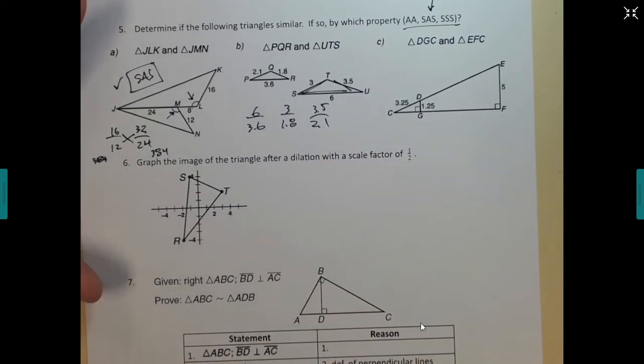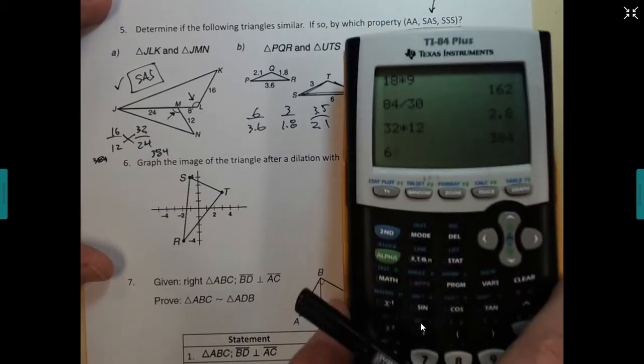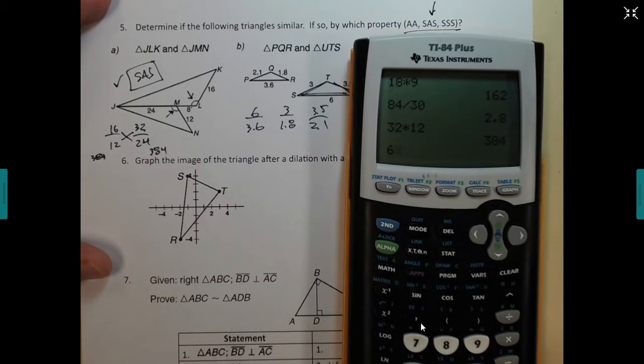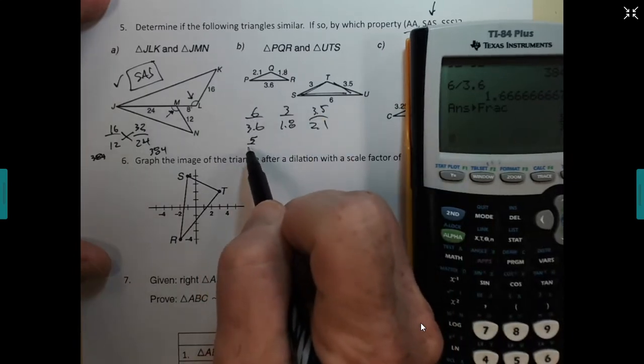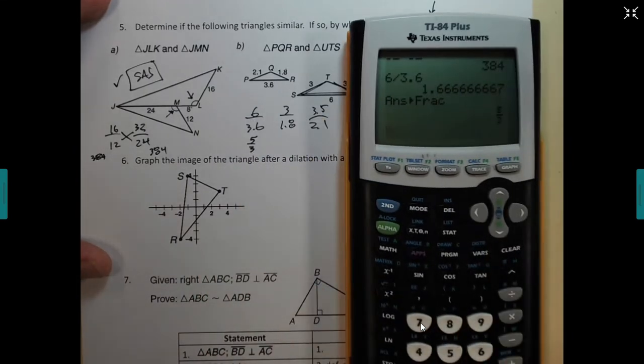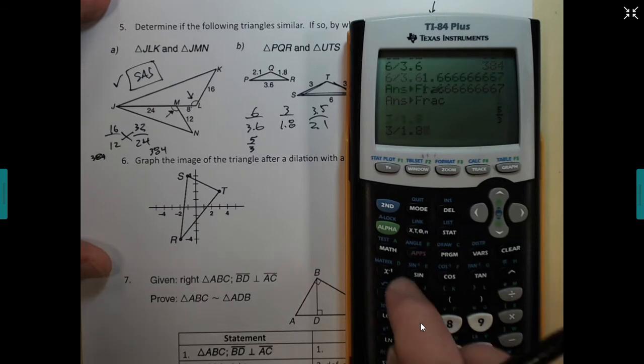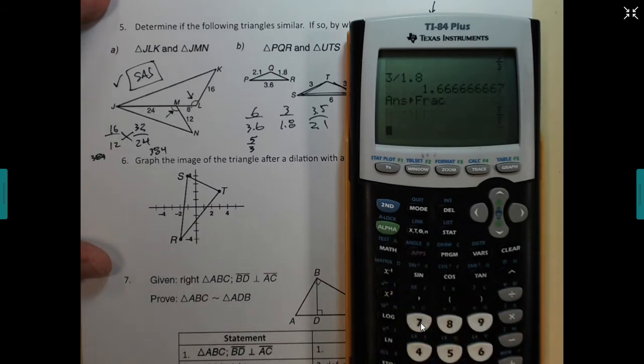So I can do a lot of cross multiplication, or I can do this crazy calculator trick where I take 6 divided by 3.6, and I can just find out what is the reduced fraction. This is the same thing as 5/3. I can do this real quickly. 3 divided by 1.8, math, enter, enter.